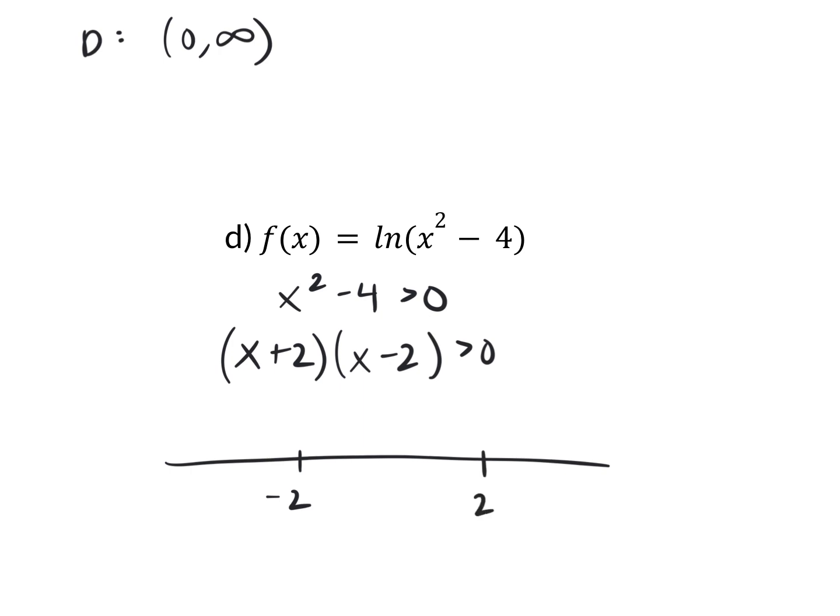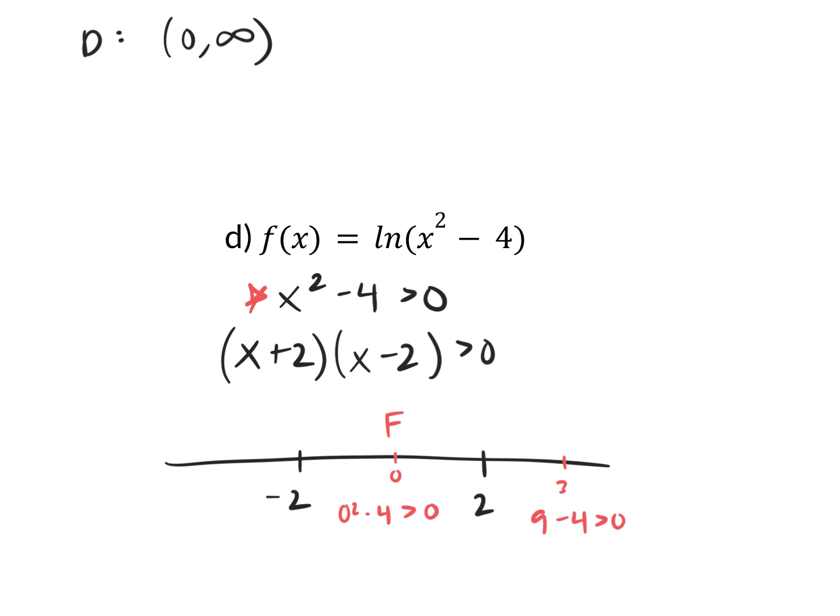And then we are testing a point back into this inequality right here. If I plug in 0, I get 0 squared minus 4. Is that greater than 0? Is negative 4 greater than 0? Nope, so this interval is false. Okay, if I plug in 3, I get 3 squared, which is 9.